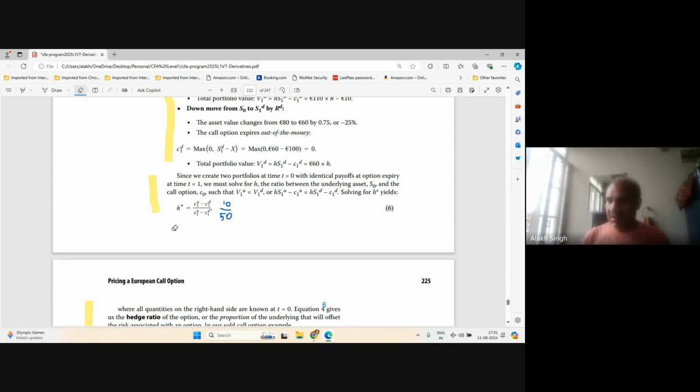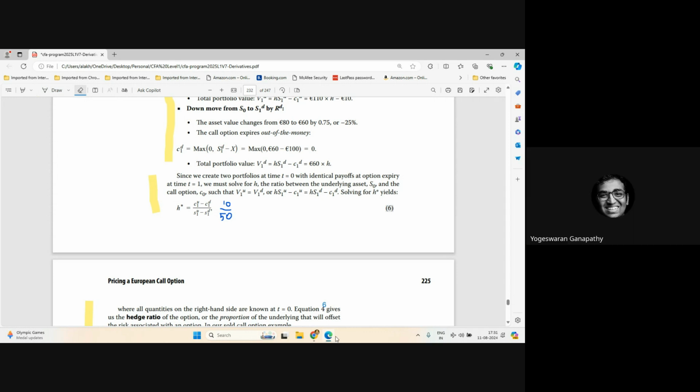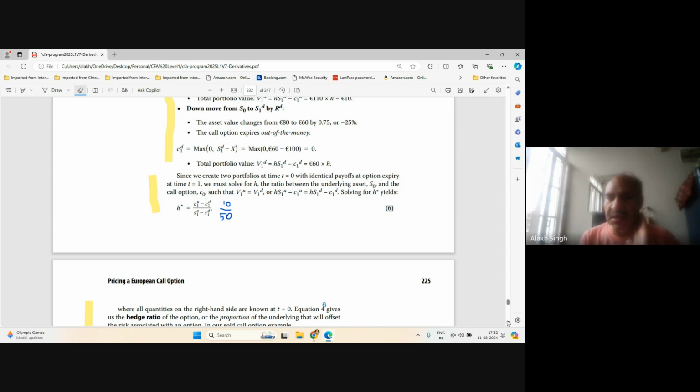If the calls become in the money, we lose on them, but we gain on the underlying we bought. If we hedge it like that, ultimately we make the returns of a risk-free bond.